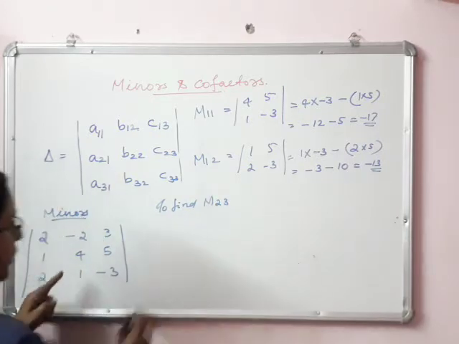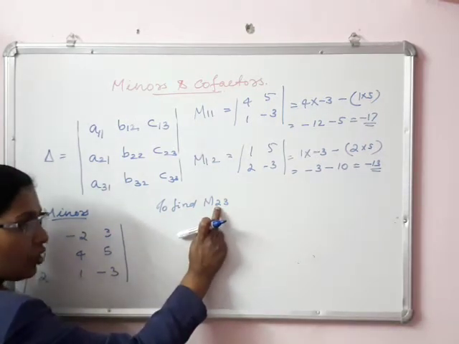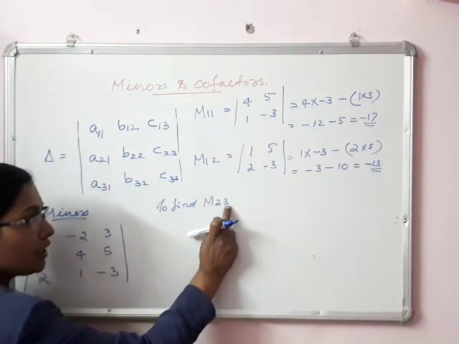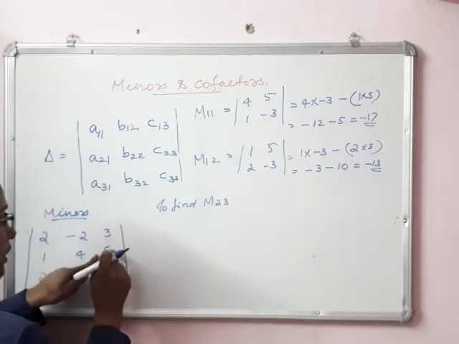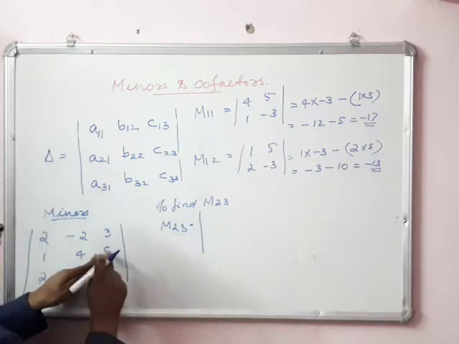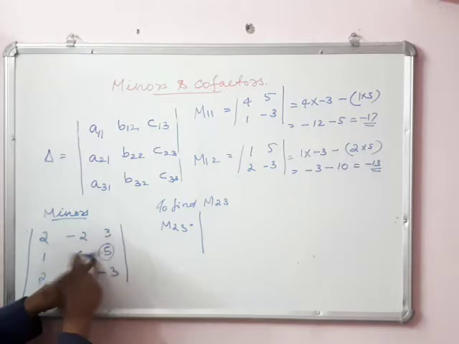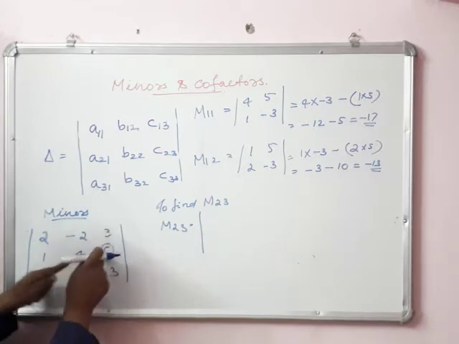Suppose we want to find M23. How can we find M23? M23 means second row, third column. So how will it come? This row and this column will be avoided.